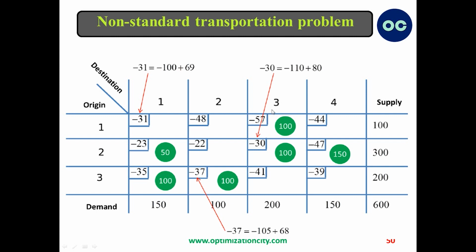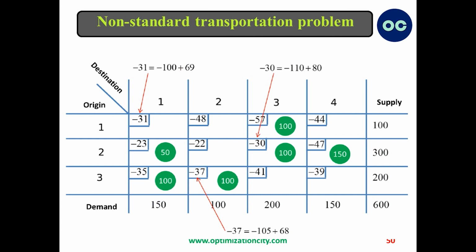So the selling price is a benefit and the transportation and production cost is a cost, so they should have different signs.